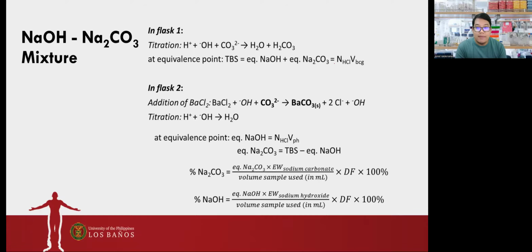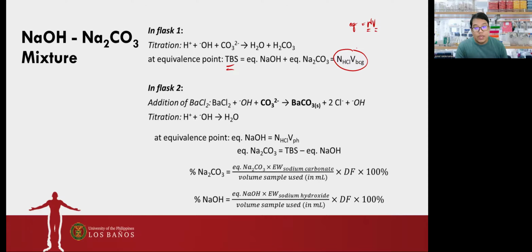So once we have established that the TBS from the flask 1 is equal to the equivalence of NaOH and equivalence of Na2CO3, and experimentally, we can determine that by getting NV. Di ba pag equivalence ng liquid is just NV? Okay, normality ng acid multiplied to the volume using the BCG endpoint or the VBCG.